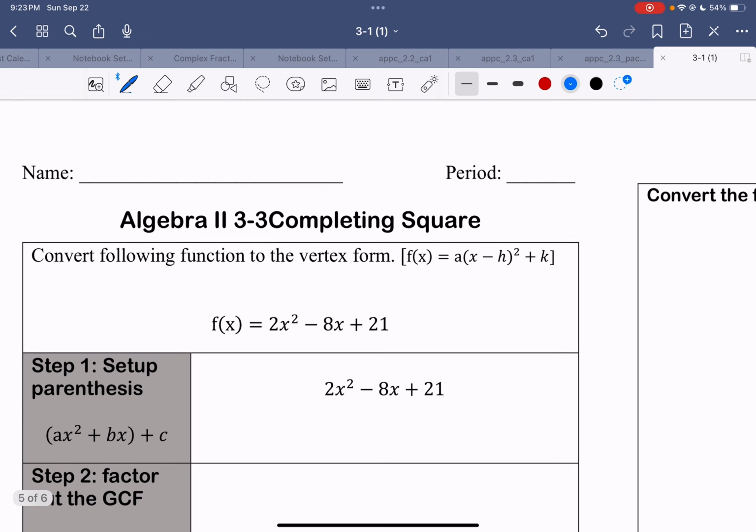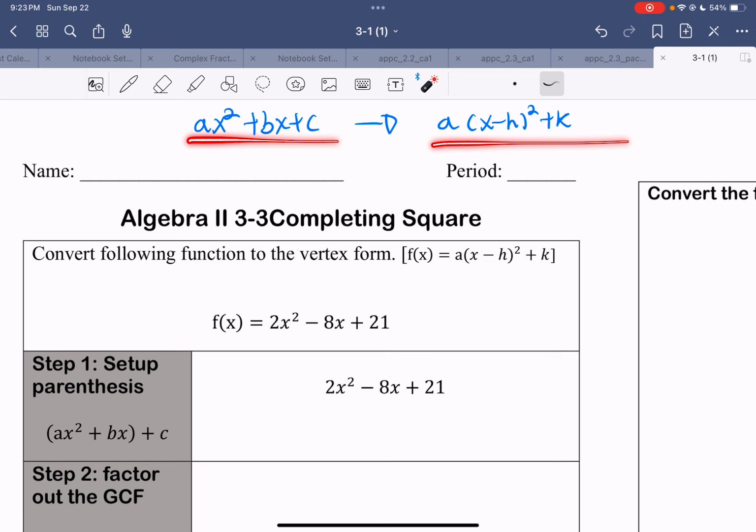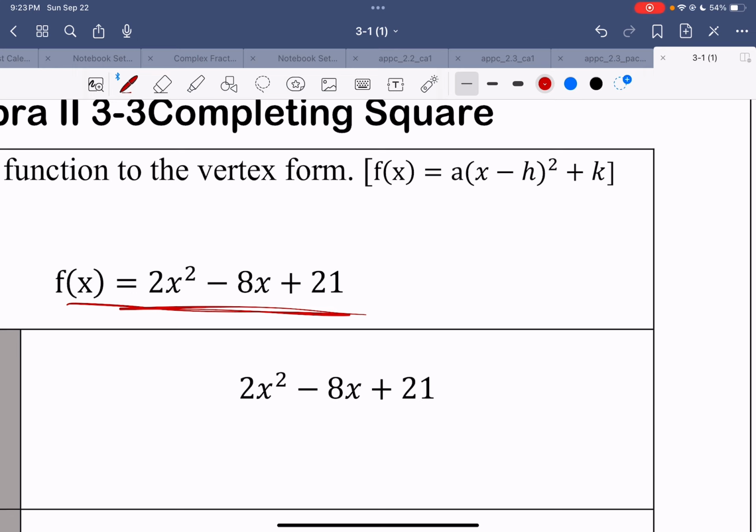So basically, this lesson is about changing from the format ax squared plus bx plus c into the format a(x minus h) squared plus k. Because in the first format, the only information I can get is the y-intercept, which is (0, 21).